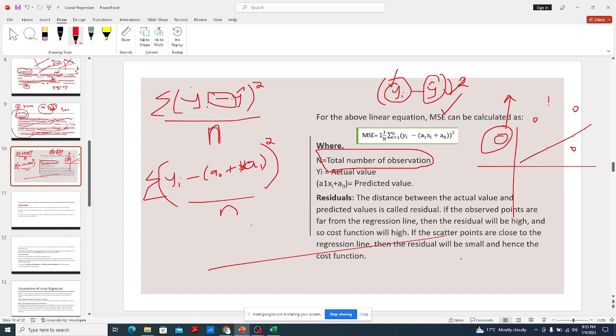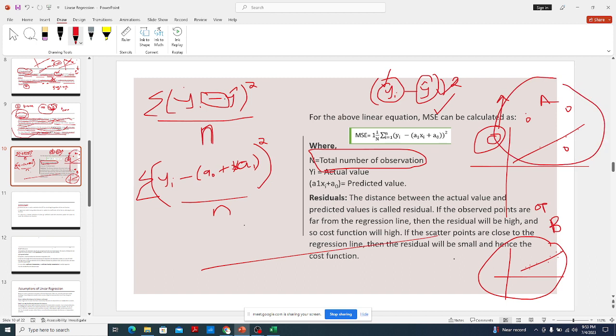Let's compare a, and also another one, b, with error terms close to the regression line. Of course b is more optimal compared to a.